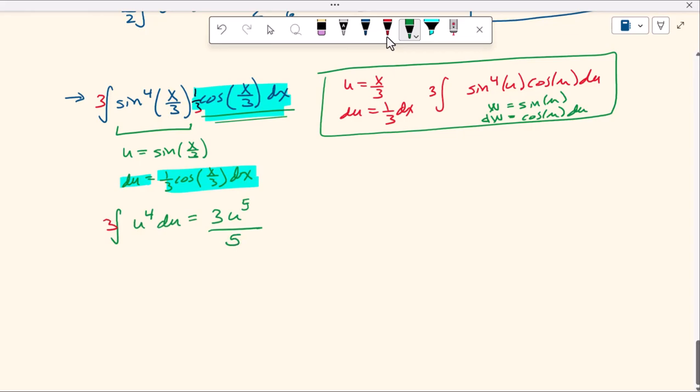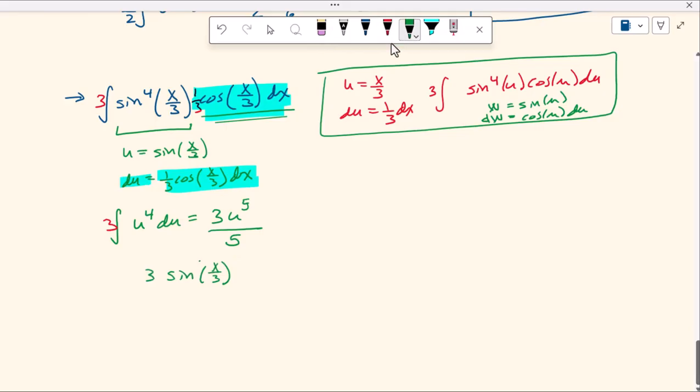And then make my substitution back in. So my substitution here, u was sine of x over 3. Now I can't write it like this. That would be wrong. The 5th power here, the way I have it written, is on the argument. The 5th power needs to be on the entire value of u. So there's a couple ways that you could write that to make it clear.